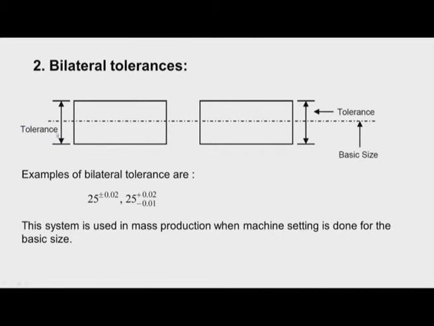Now the second type of tolerancing is bilateral tolerances, wherein we have a basic size and tolerance is provided on both sides of the basic size.